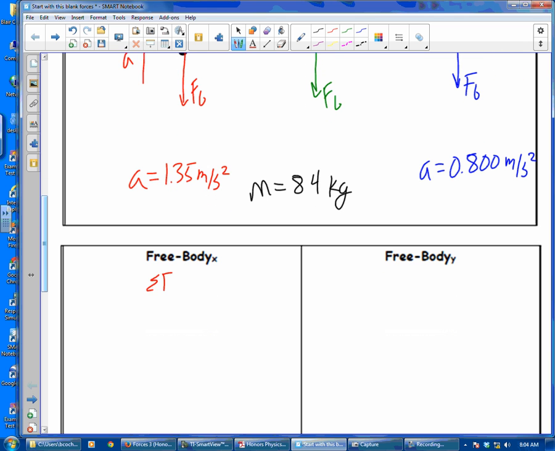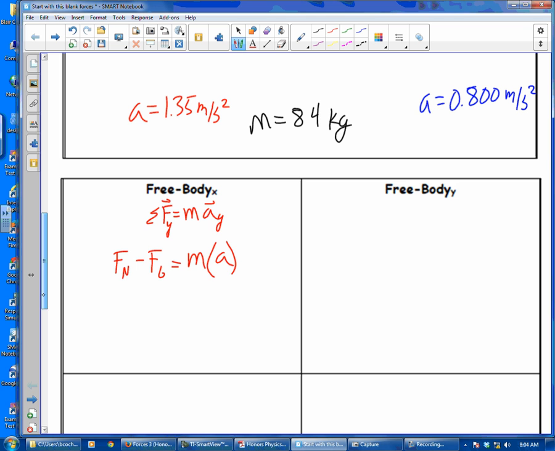The sum of the forces equals MA, and all these would be in the Y direction here. I'm assuming you guys want up to be positive, so that's kind of your preference usually. Positive force normal minus force of gravity equals M times the A, which is positive, so times A. And I'm interested in the normal force, so normal force equals M times A plus FG.